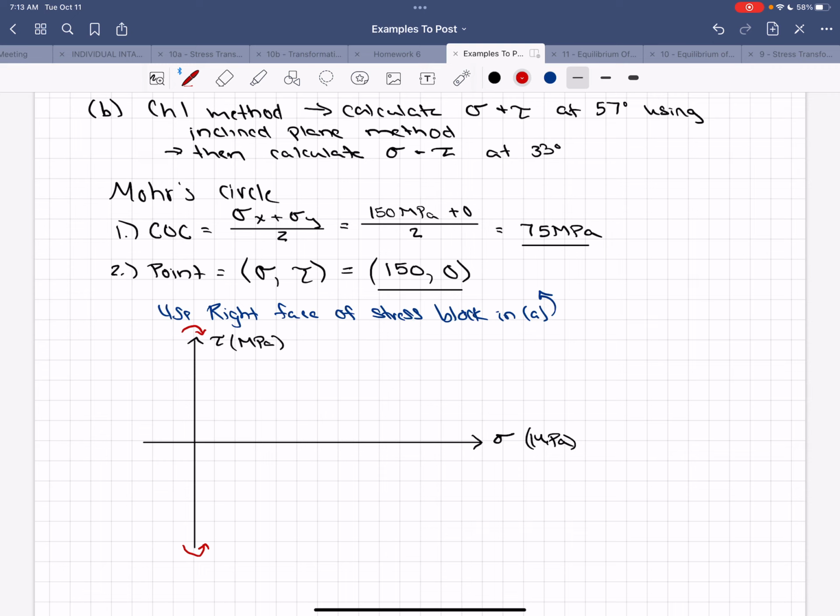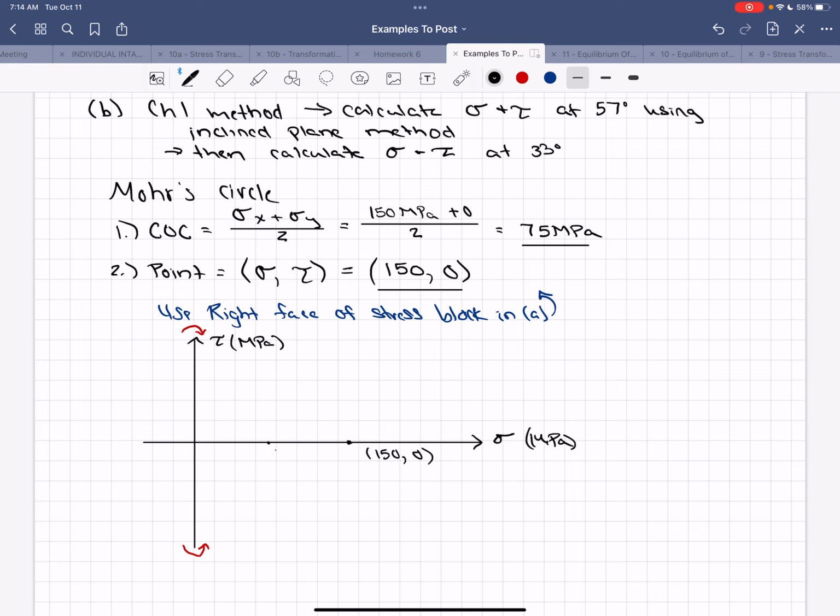Okay, so if we plot 150 and 0, let's say each point is worth 2. So this point is 150 and 0. Then our center of the circle is at 75, that'll be here.